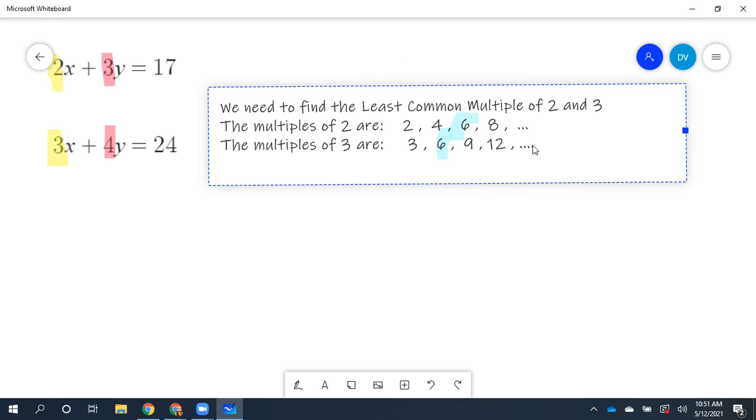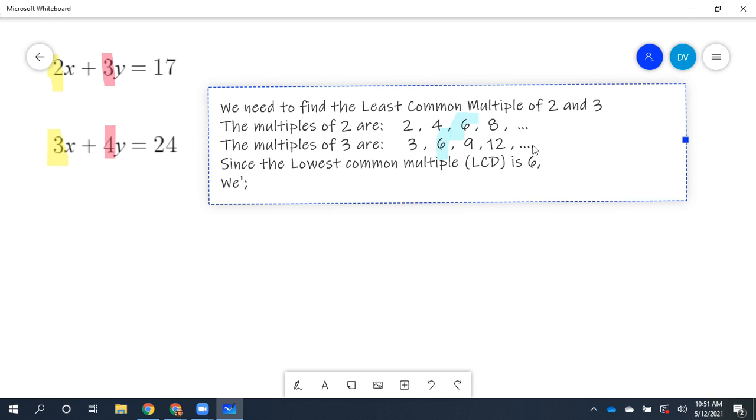Since our lowest common multiple, let me just use that letter here, LCD, is 6, we're going to want to use a 6 and a negative 6 in our equivalent equations.